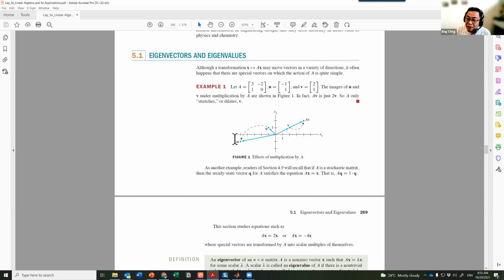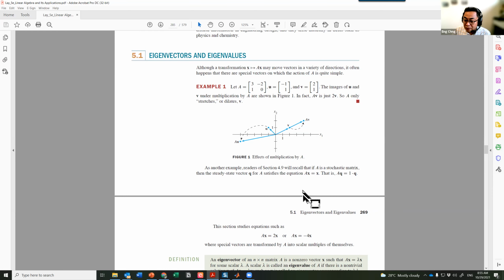He used a dotted line to show that AU will move from here to here, while AV, which is 2, 1, 1, 2, will move from here to here, lying on the same span as V. So the conclusion is that V is an eigenvector, U is not an eigenvector.